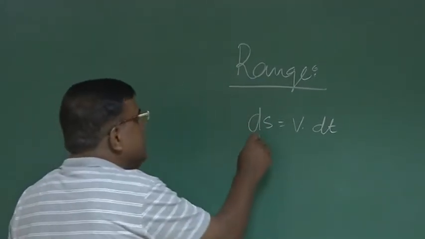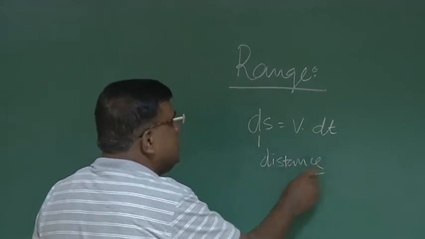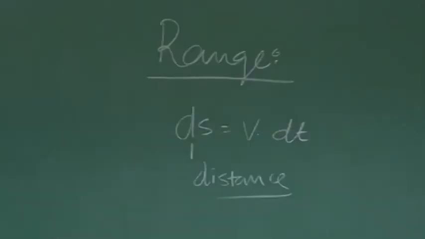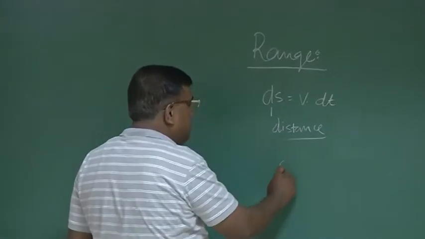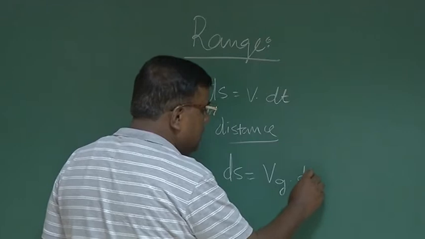But what is this? This is distance. Which distance? How do you measure the distance? I measure it with respect to the ground. So when I am thinking of ds, it is Vg dot dt.